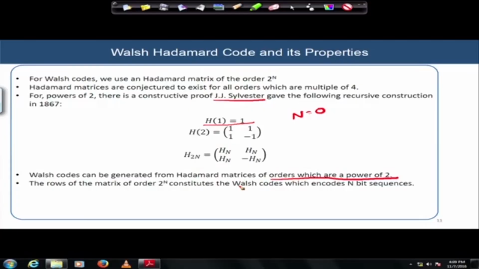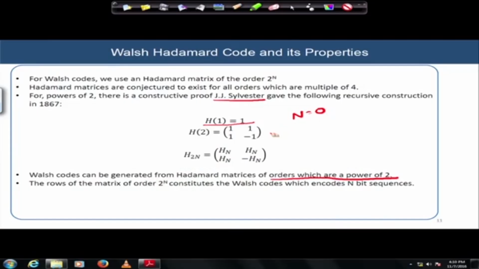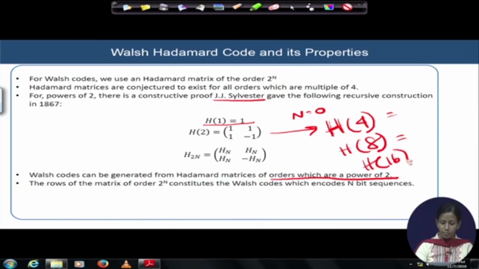And we can do a very nice exercise at home. From H2 onwards, proceed to construct the structure of H4 and H8, and try to find some similarities from H8 and H16 onwards.